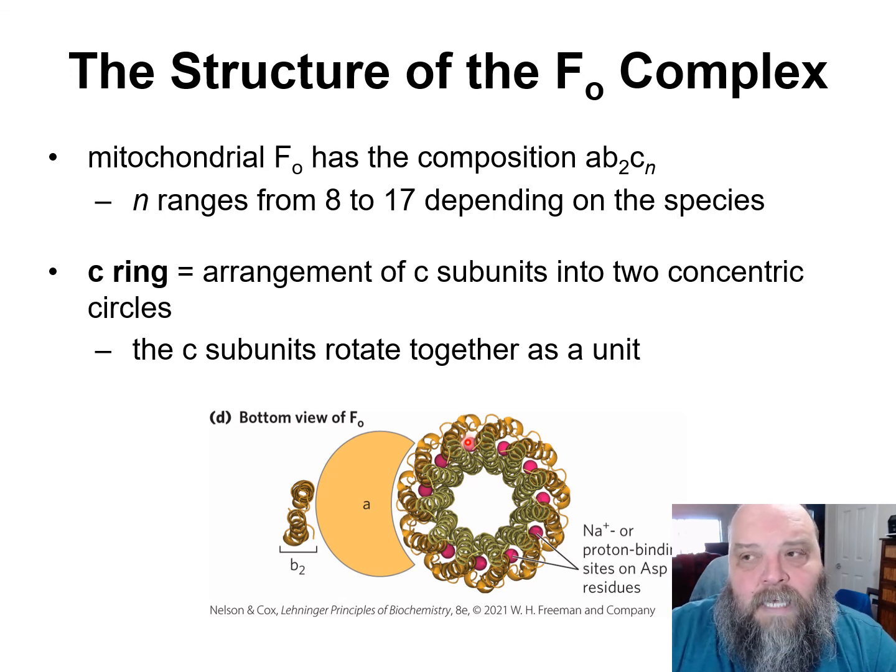Maybe you can't tell me exact genus and species, but you can tell me, oh, this is an animal, or this is more mammals, insect, whatnot, based on the number of C rings, which is composed of the C subunits. B, A, C.